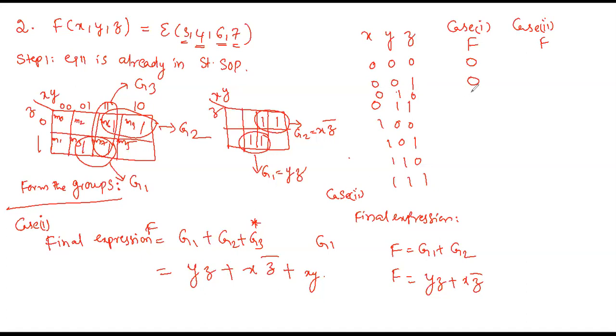Next, 0, 1, 0. Again you will get 0. 0, 1, 1. You will get 1. 4, 1. 5, 0. 6, 1. 7, you can verify. You will get this output for the case 1.